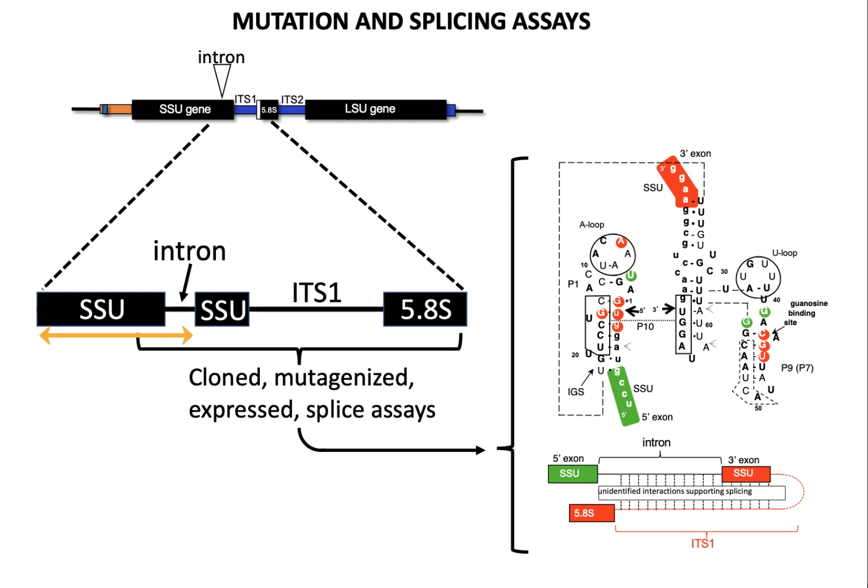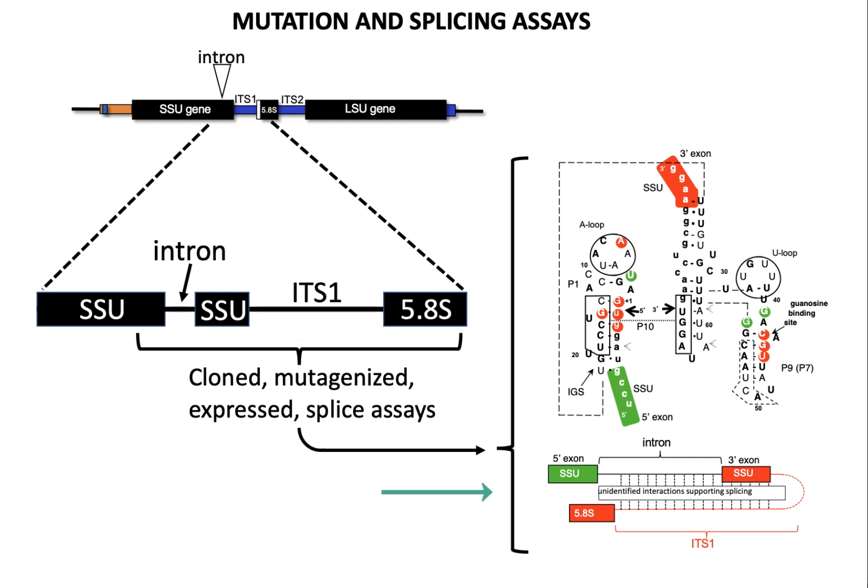If we included the intron plus part of the 5' region of the small subunit, also no splicing occurred. But when we had the intron as well as the end of the small subunit, SSU, and the internal transcribed spacer 1, ITS1, and a little bit of the 5.8S gene, it did splice in vitro. That piece of RNA did splice in vitro.